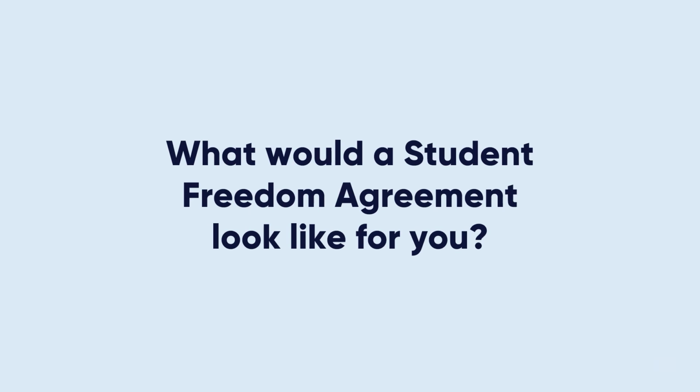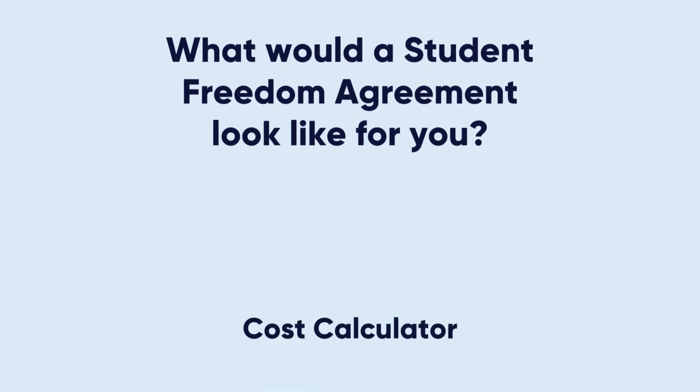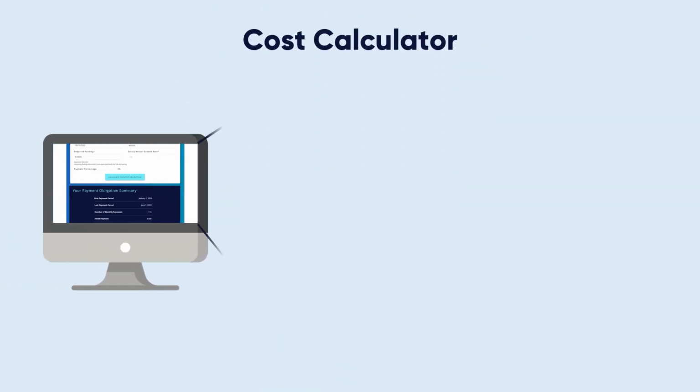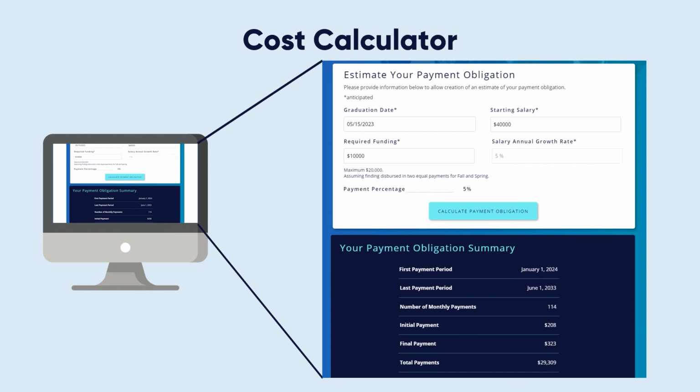Every student's future financial situation is unique, and so their Student Freedom Agreement will be unique too. Prior to deciding, you can use Student Freedom Initiative's cost calculator to see an estimate of how much you might pay based on how much funding you receive and how much you expect to earn after college.